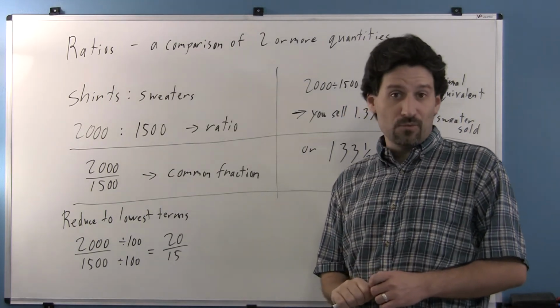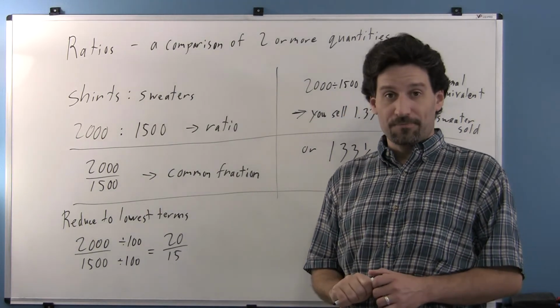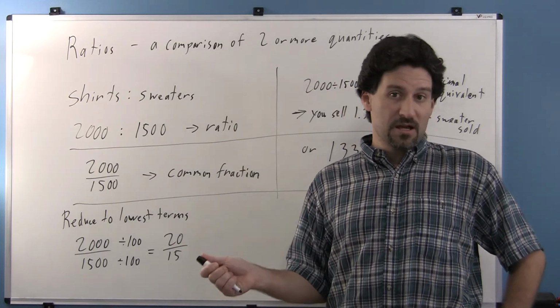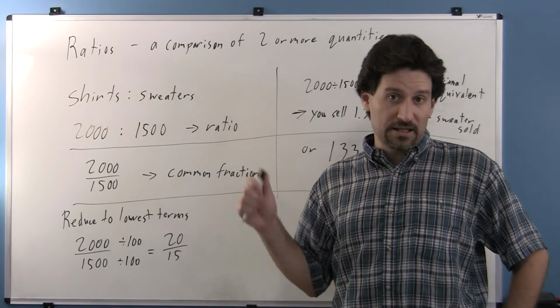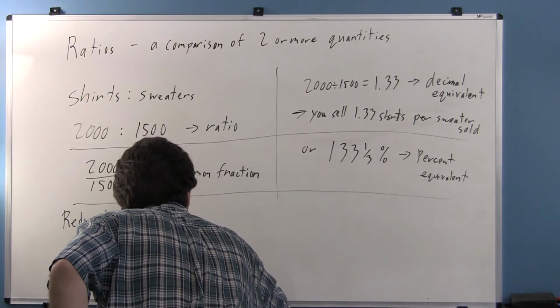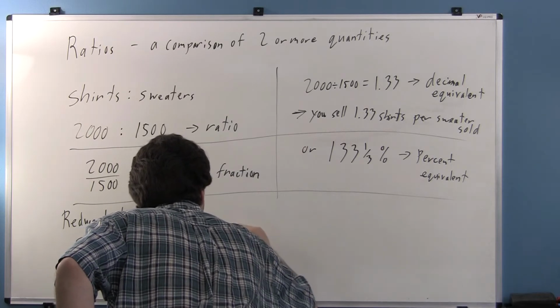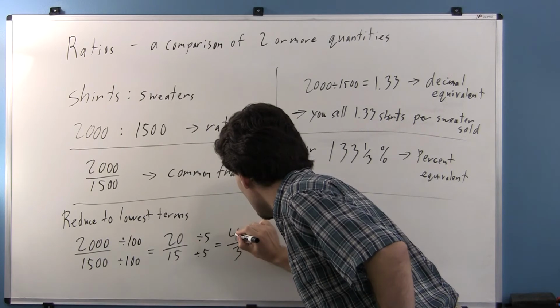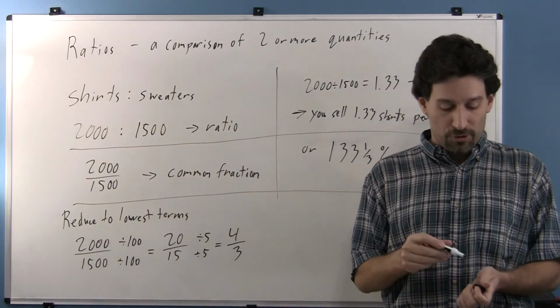Question is, can we simplify this any further? 15 is 5 times 3. Well, and 20, that's definitely divisible by 5. Let's divide them both by 5. And we get 4 over 3. And that is the most simplified version we can make.